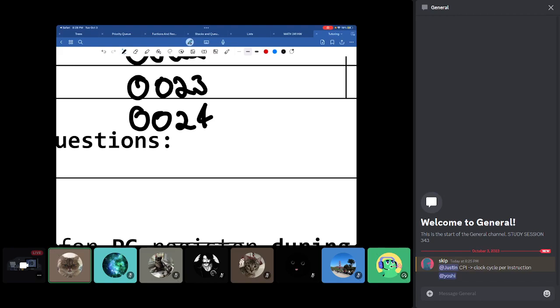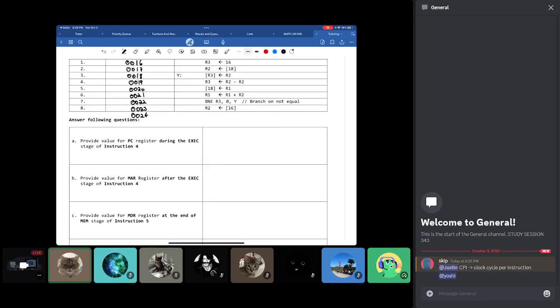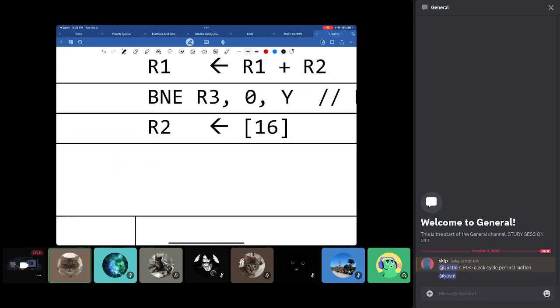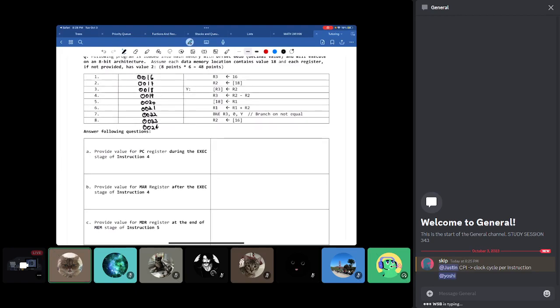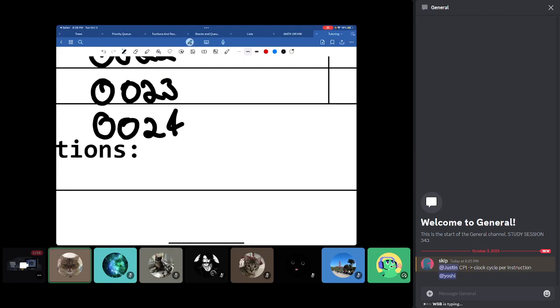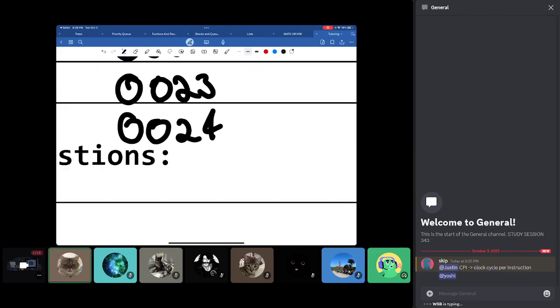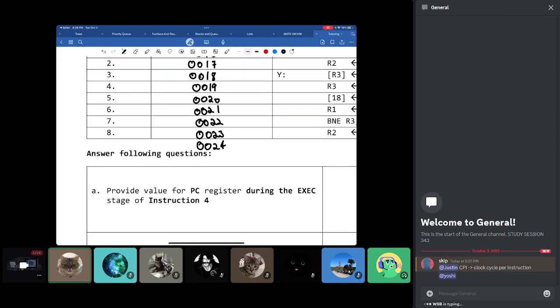Again, he said that you don't need to do that. But if he gives a question like, what is the value of PC at the end of the fetch stage of instruction 8, the answer would be 0024. And you know that because you put that there, right?